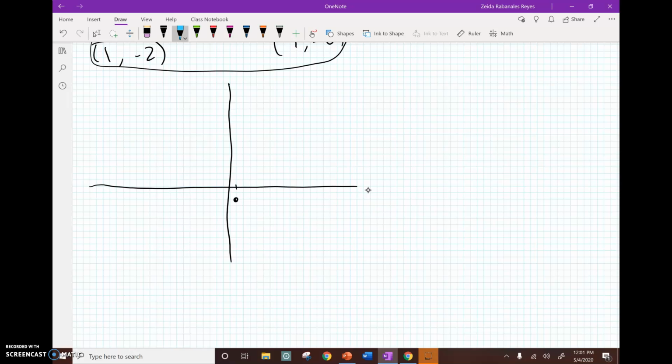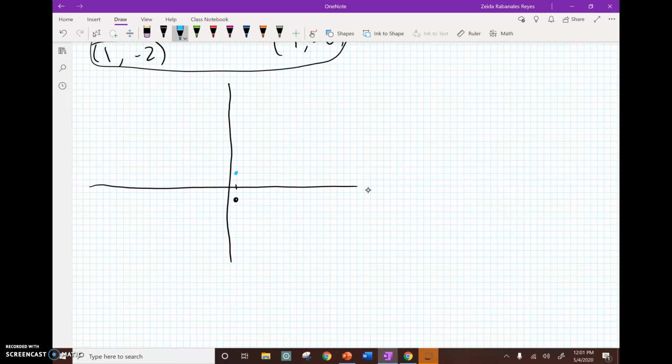So 8 going this way, no, 4 going that way, and then 4 going down. So then I get 1, 2, 3, 4, and that's at 1 comma positive 2, which is one of our vertices.